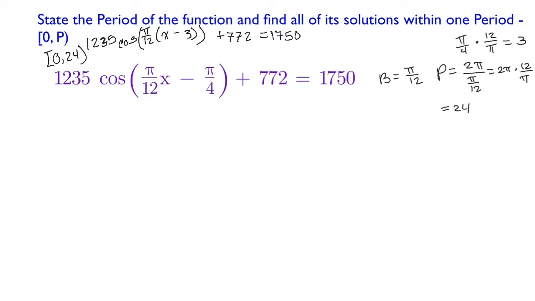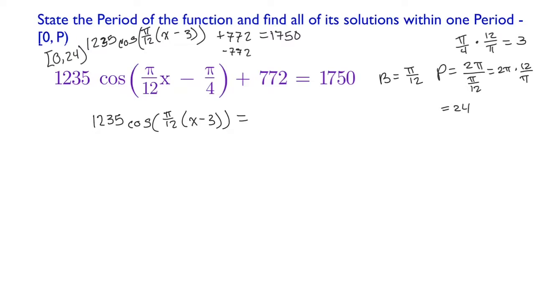Okay, so starting with that, let's go ahead and start solving for cosine. So first we're going to subtract the 772 over. So we get 1,235 of cosine of pi/12 times x minus 3 is equal to 1,750 minus 772.